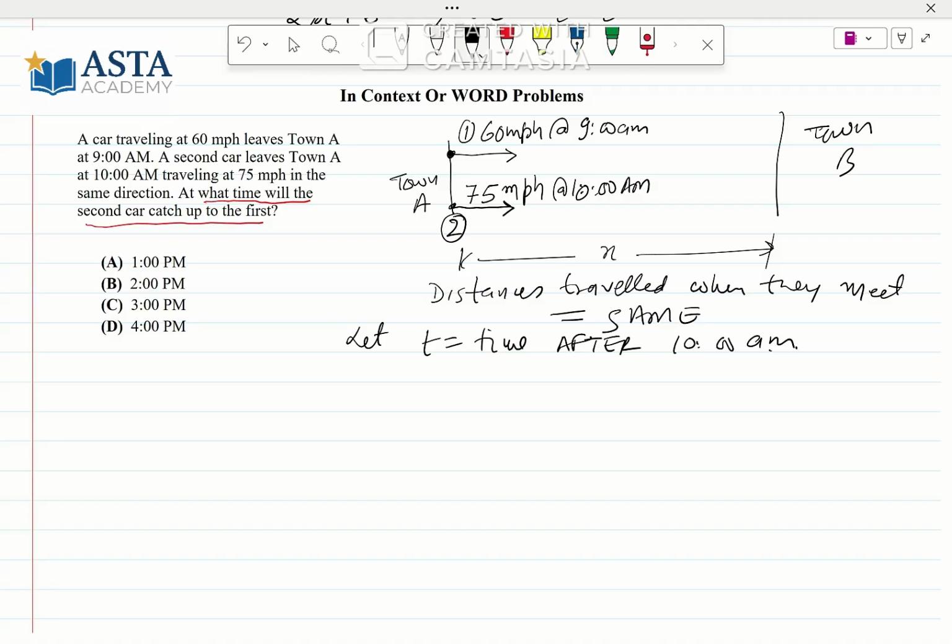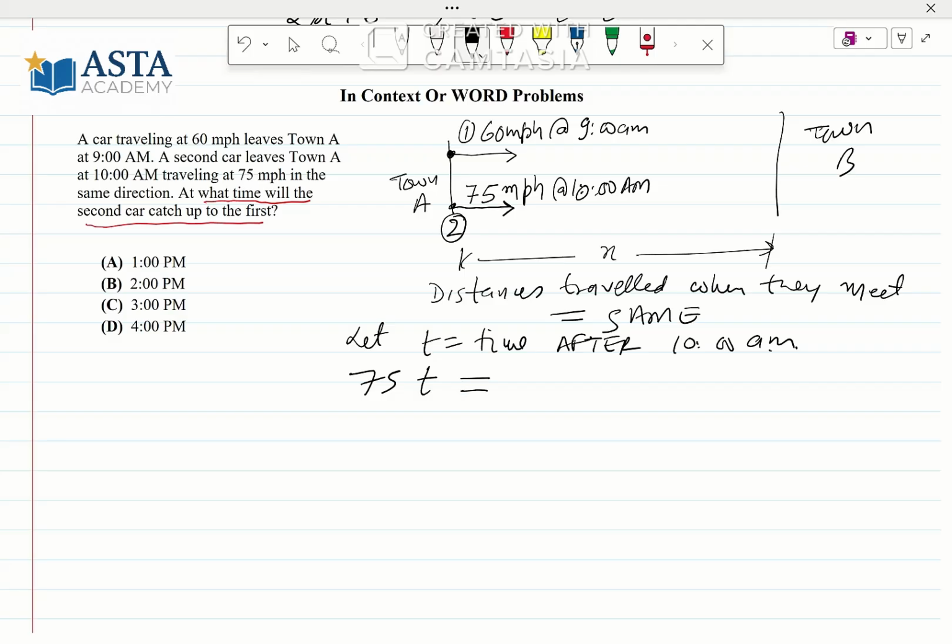So I'm going to measure t as the time after 10 a.m. The second car would have taken t hours since 10 a.m. How much distance will it travel? 75t. Distance is equal to velocity times time. So in t hours, the second car would have traveled 75t miles.